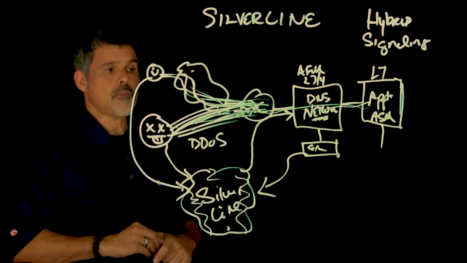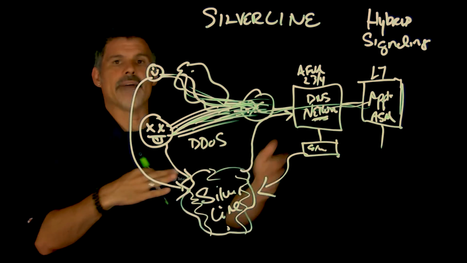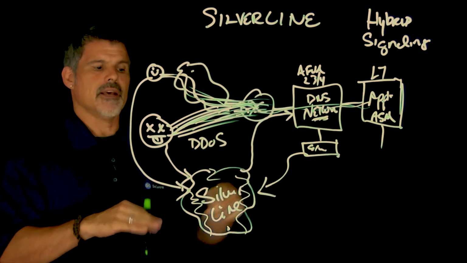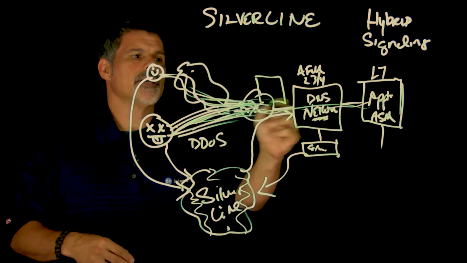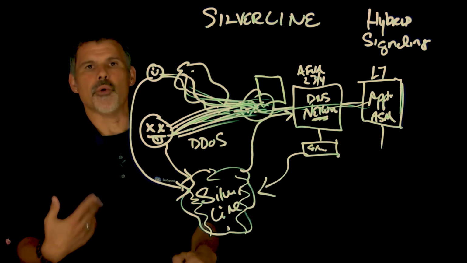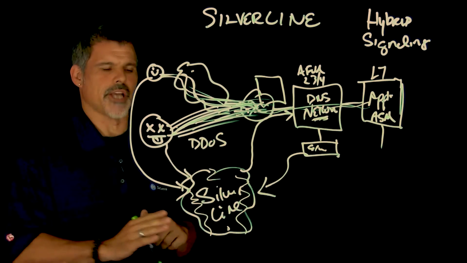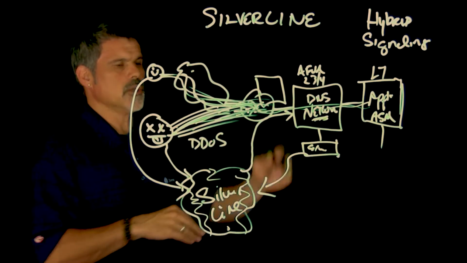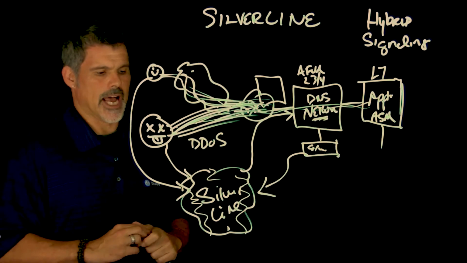So you can either have a BIG-IP inline, an existing BIG-IP, I should say, and then have it detect and send to Silverline. Or you could have your BIG-IP on the perimeter in the DMZ also doing the threshold checks to make sure that if something breaks that threshold, you're able to redirect the traffic over to Silverline.